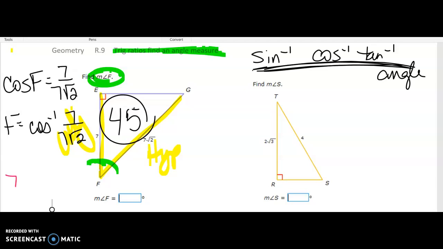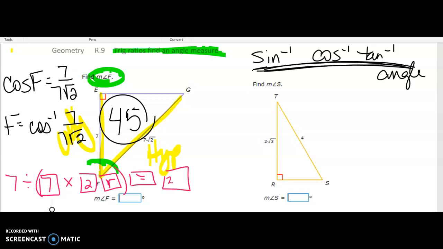So step by step, it'd be 7 divided by, oh goodness, you would need to use parentheses right here, and then 7 times 2 square root, then you'd close your parentheses, and then hit equals, then second cosine. Way different, way harder.